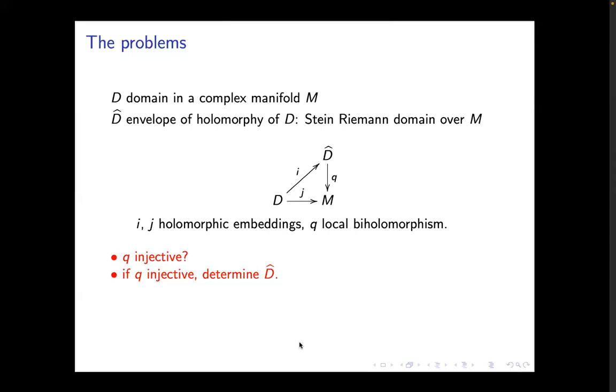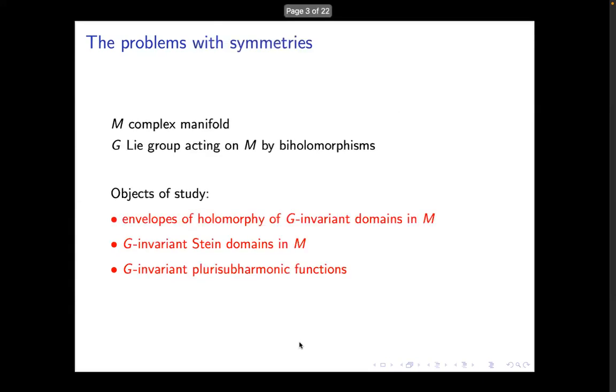If, for instance, a Lie group G acts on M and D is an invariant domain, then D hat also inherits a G action. The maps I, J, and Q are G-equivariant. And so the questions now can be reformulated as follows.